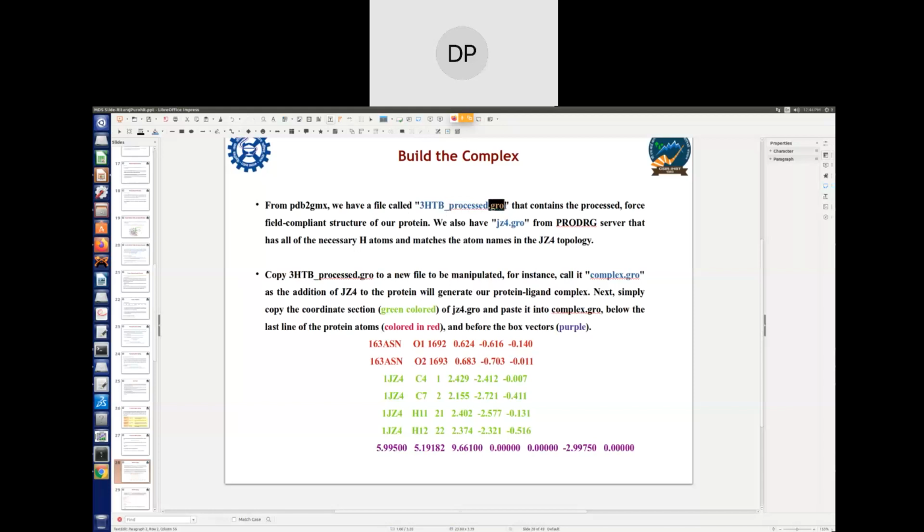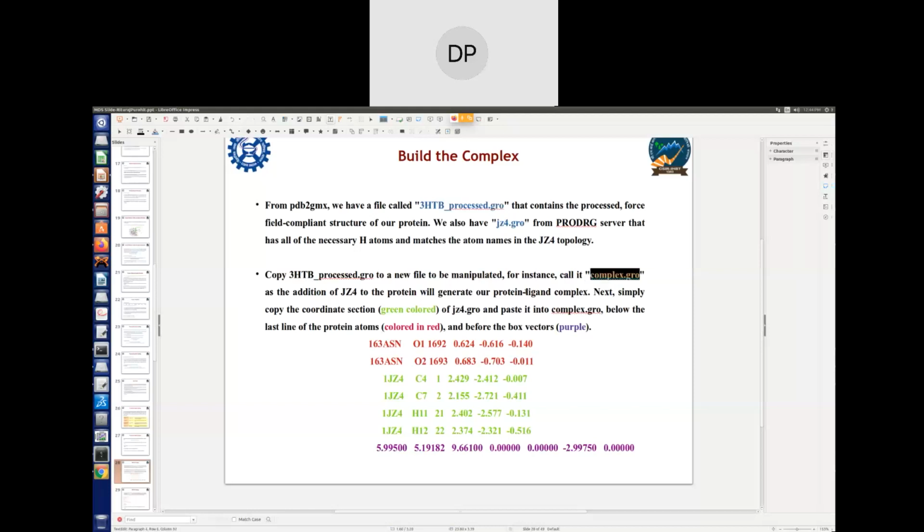This .gro file contains the information of your protein, and from the other source, ProDRG, you will have another .gro file for your ligand, in the form of JZ4.gro. These .gro files should be combined in the further steps. So we will combine them and give the name complex.gro, right?